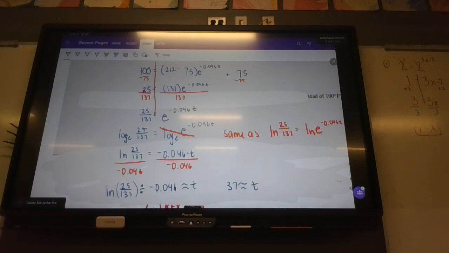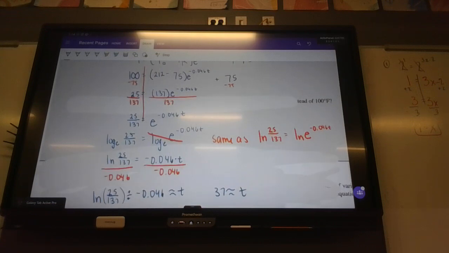In a room of 75 degrees, it takes 37 minutes for the stew to cool from 212 to 100. So I'm interested if anybody in restaurants has cooling timers. I'll come look at it in a minute.